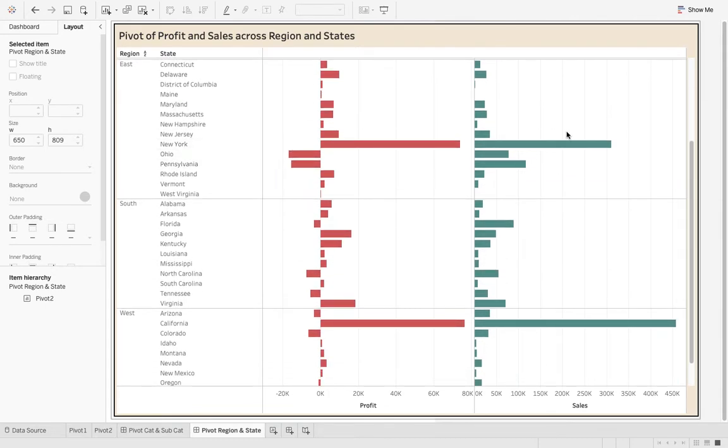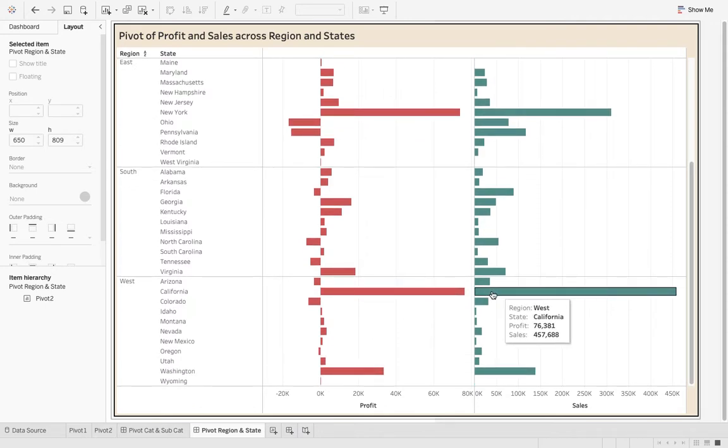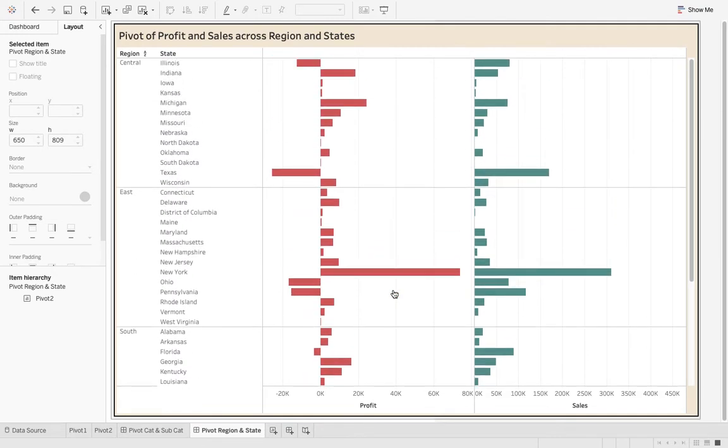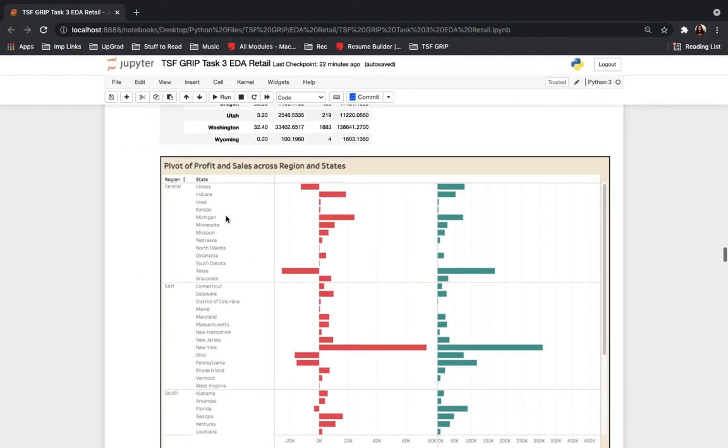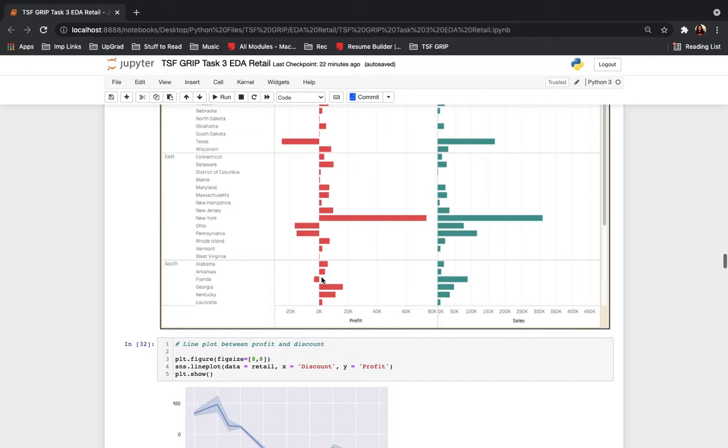Or for New York, the sale and profit both are high. For California, again, the sale and profit both are high. So the Tableau gives us a much better representation, which I've also copied into this Jupyter notebook.